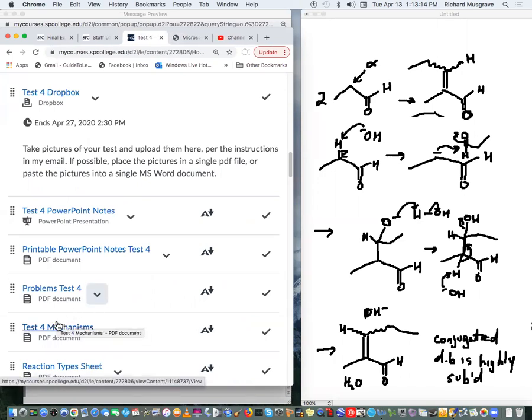So as long as you're getting mechanisms that look pretty much the same as what I'm doing, then you're doing pretty well. But until you do that, you're going to be dealing with the issues here.